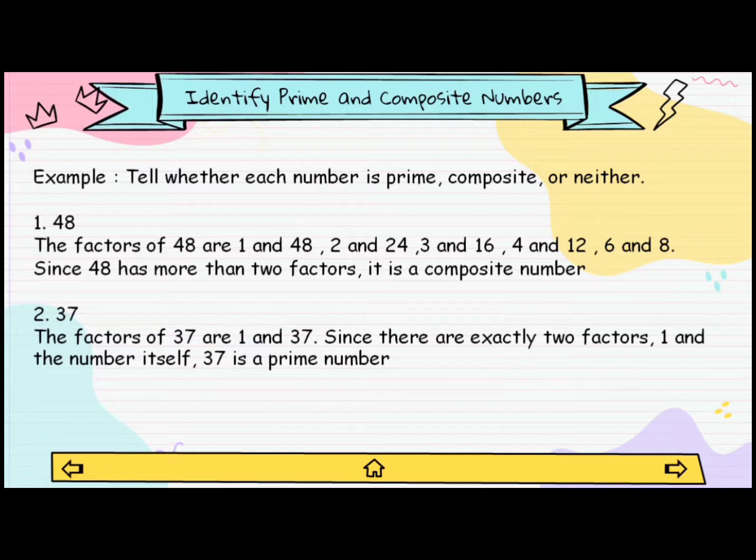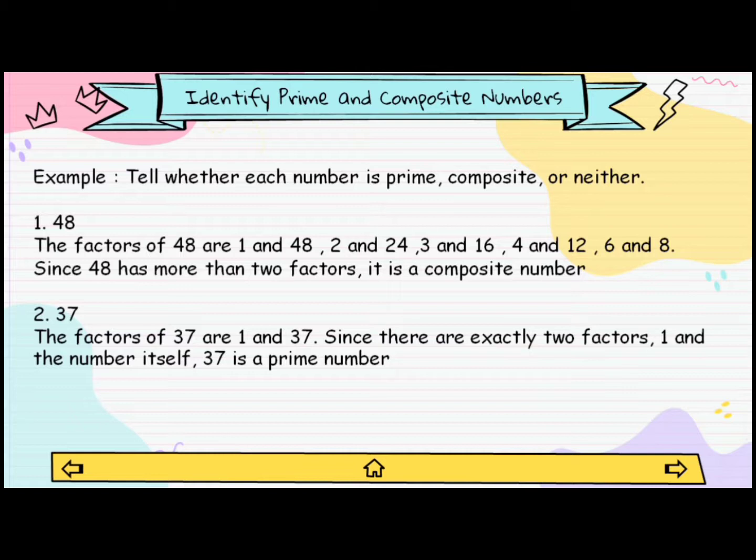Identify prime and composite numbers. For example, tell whether each number is prime, composite, or neither. For example, number 1, 48. The answer is the factors of 48 are 1 and 48, 2 and 24, 3 and 16, 4 and 12, 6 and 8.